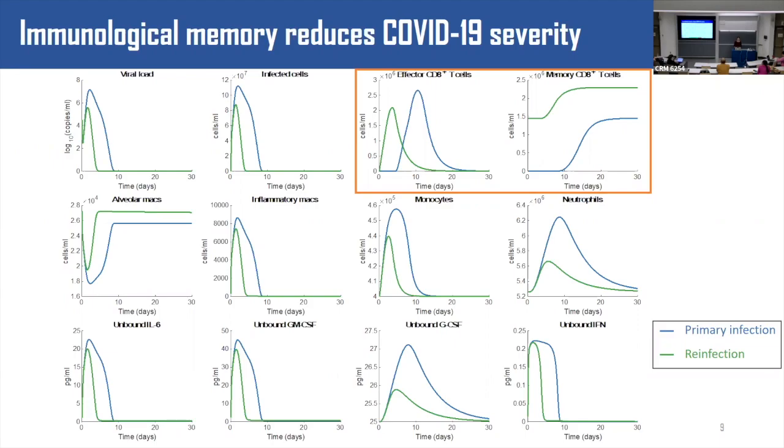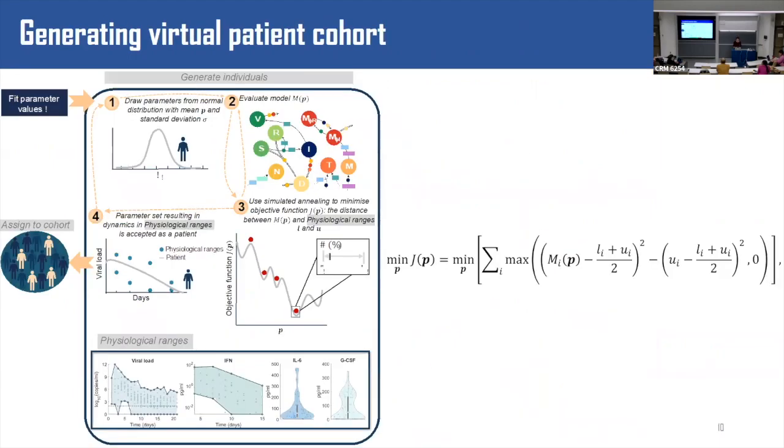So this is the average case. We then next test the heterogeneous immunological memory response in the virtual patient cohort that we constructed in our previous study. So this is a framework of generating virtual patient cohort.